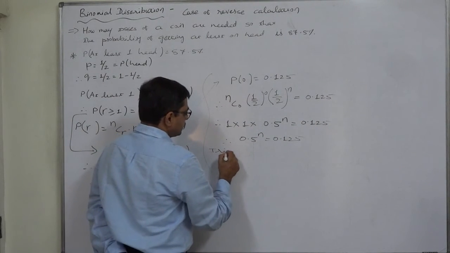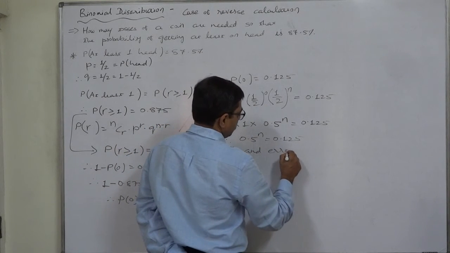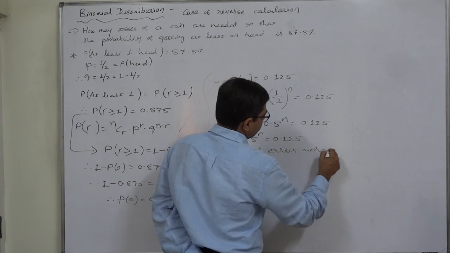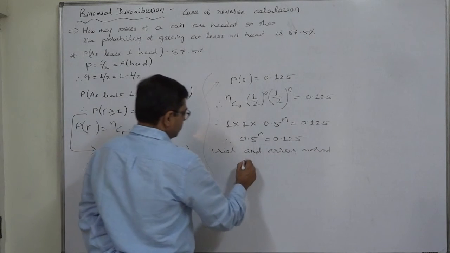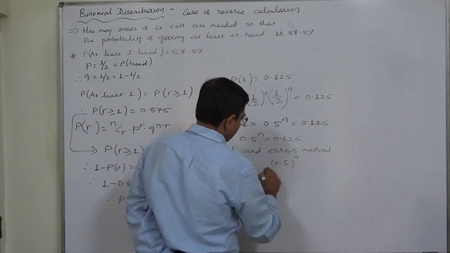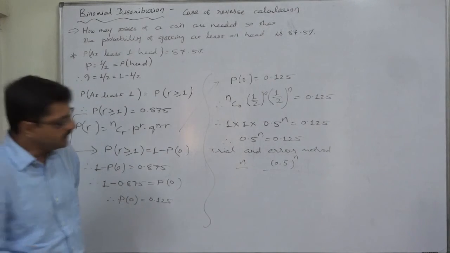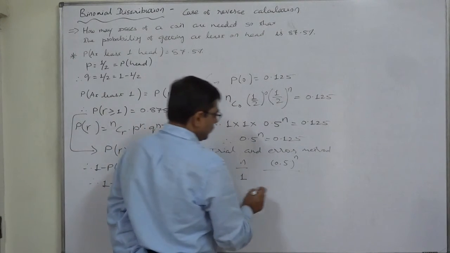Now we are going to use the trial and error method because that is the easiest. Let us take n and 0.5 raised to n. N can never be 0 or negative, at least one trial should be there. So n can take value 1.